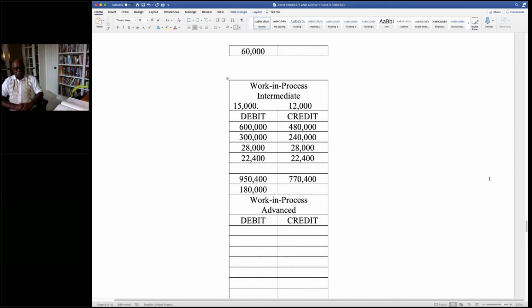I'm sorry, first we need to put the materials that we use. So 600 and 200. Oh, okay. I was telling you the number to put in on the debit side, but let me get that number real quick.